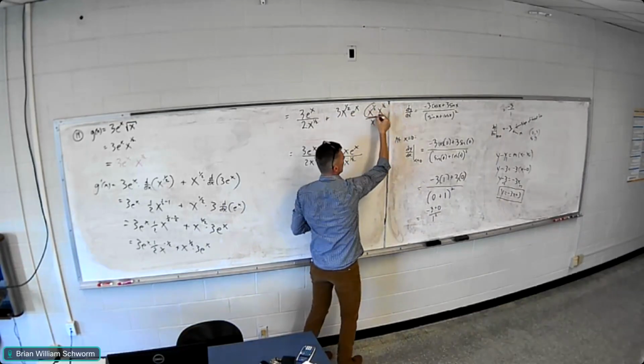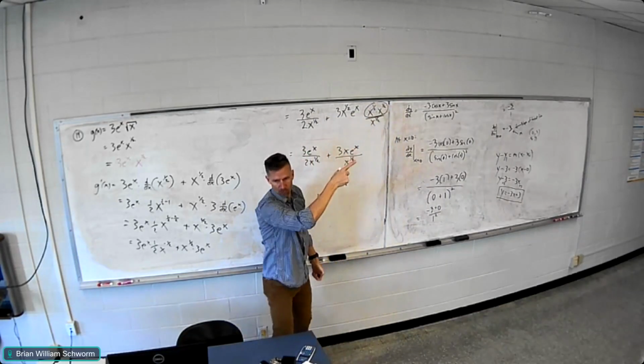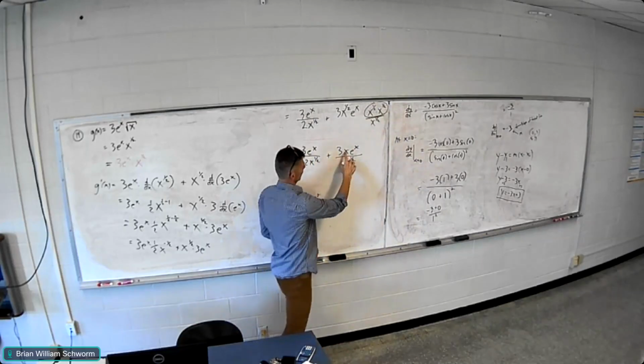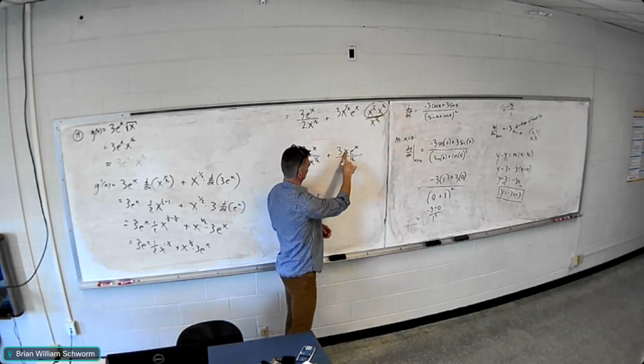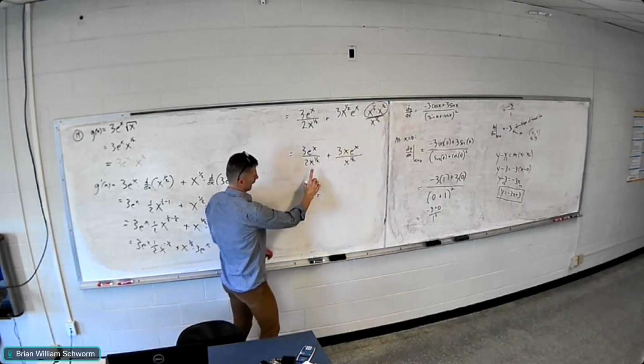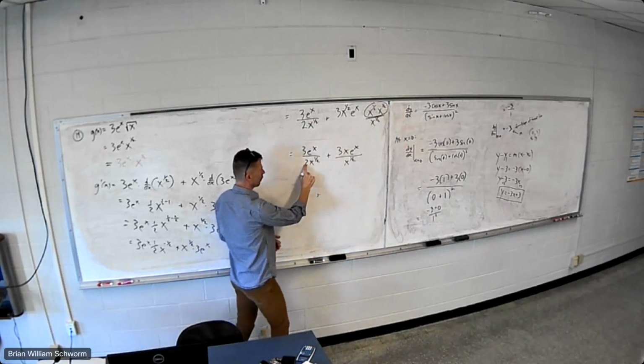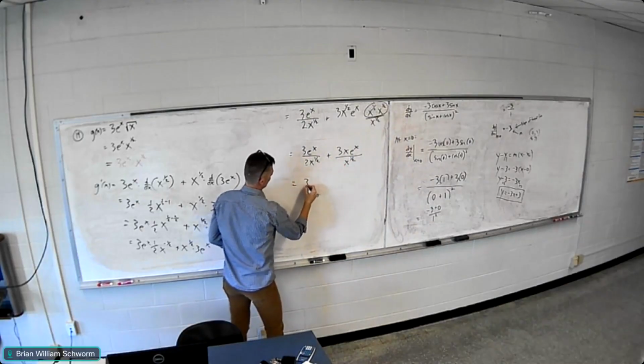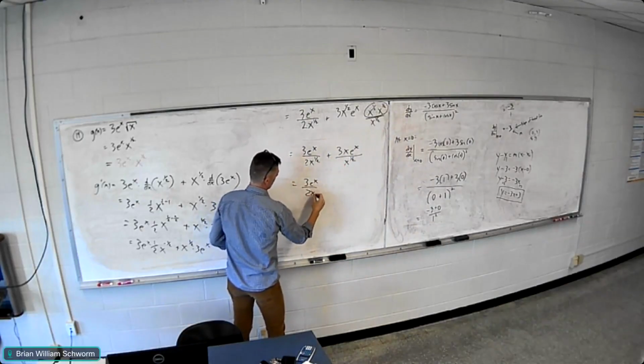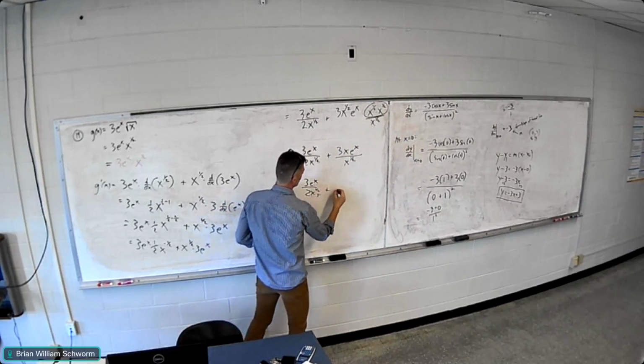But then if I put these together, 1/2 plus 1/2 makes x to the 1, or just x. Again, I'm trying to make the denominator the same as this one over here. If this one has a 2, that one doesn't. So I can force a 2 in that other one by multiplying top and bottom by 2.